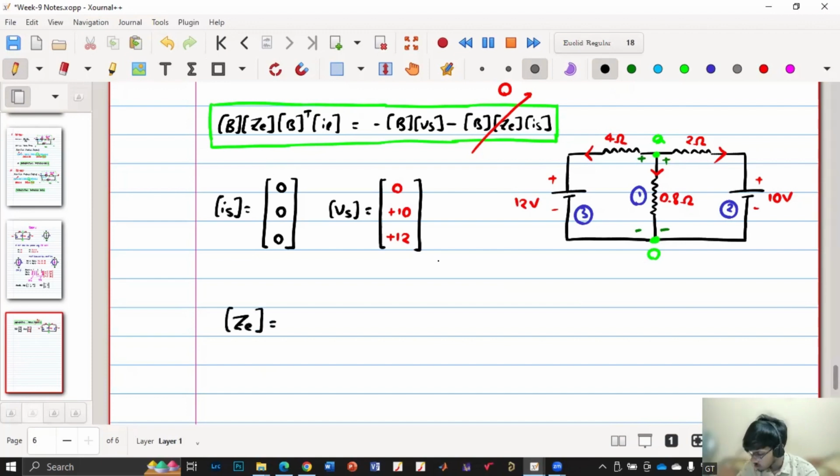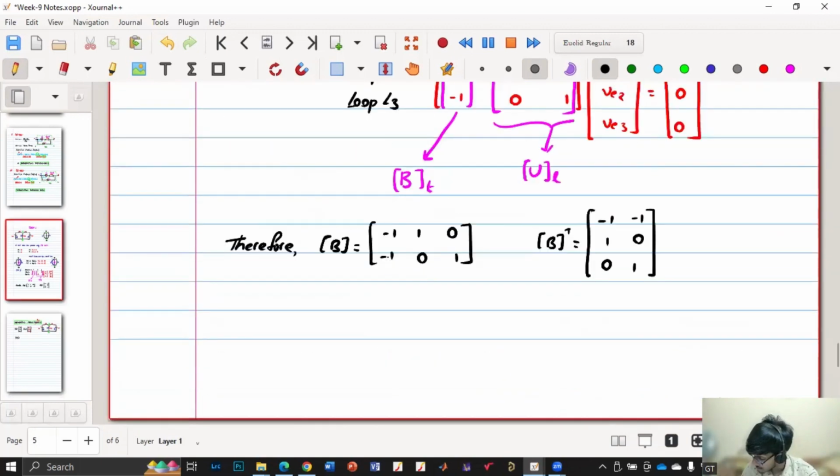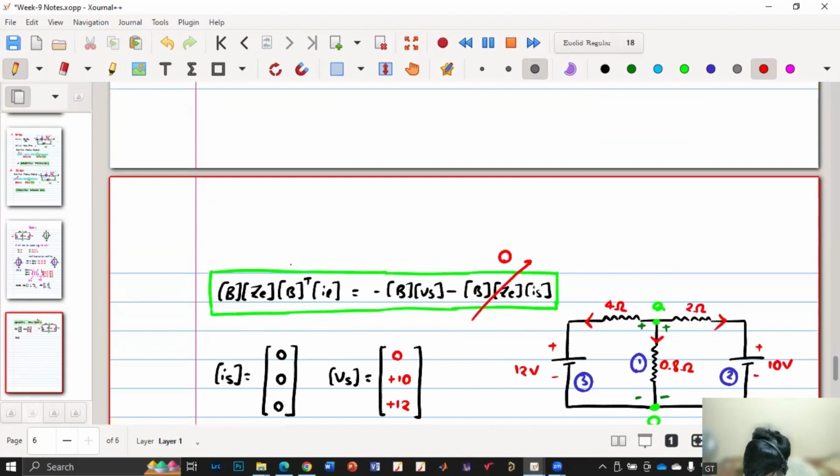Okay. So now if you see the ZE matrix, first of all, what is the size of the B matrix? 2 cross 3. And B transpose? 3 cross 2. So here the B matrix is 2 cross 3, and this is 3 cross 2.